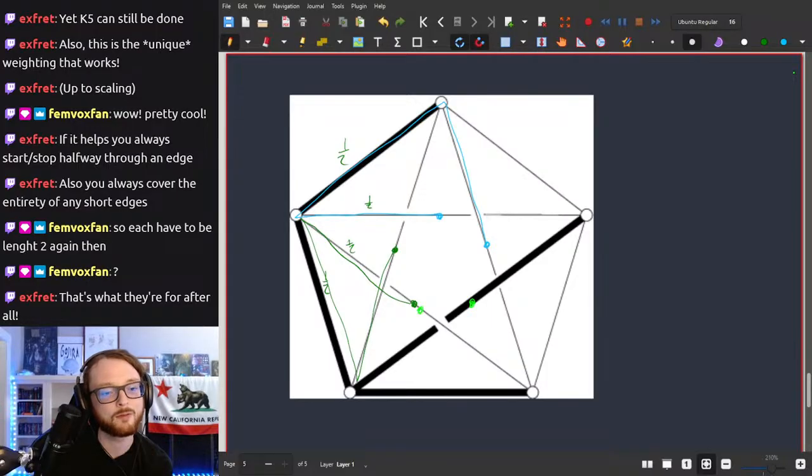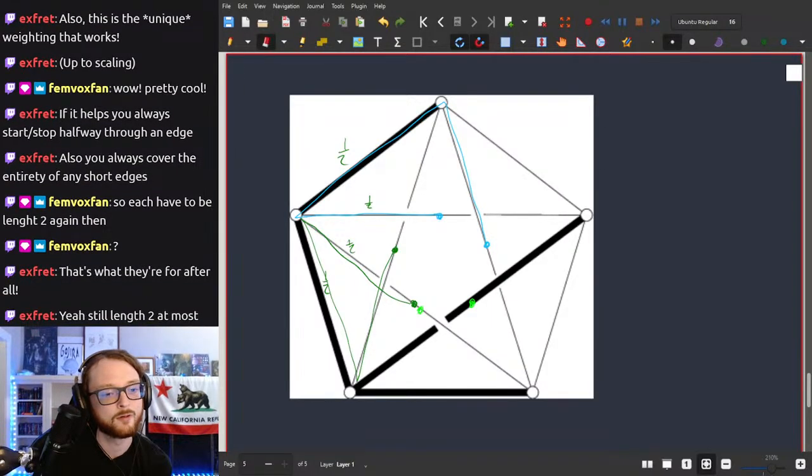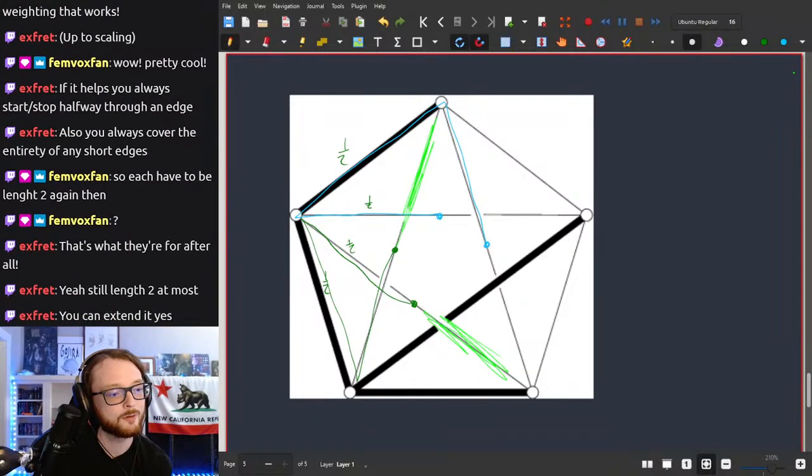Wait, so just from this dark green thing, does doing this one dark green path also cover the other portions here? Is that what you're saying? Oh, okay.